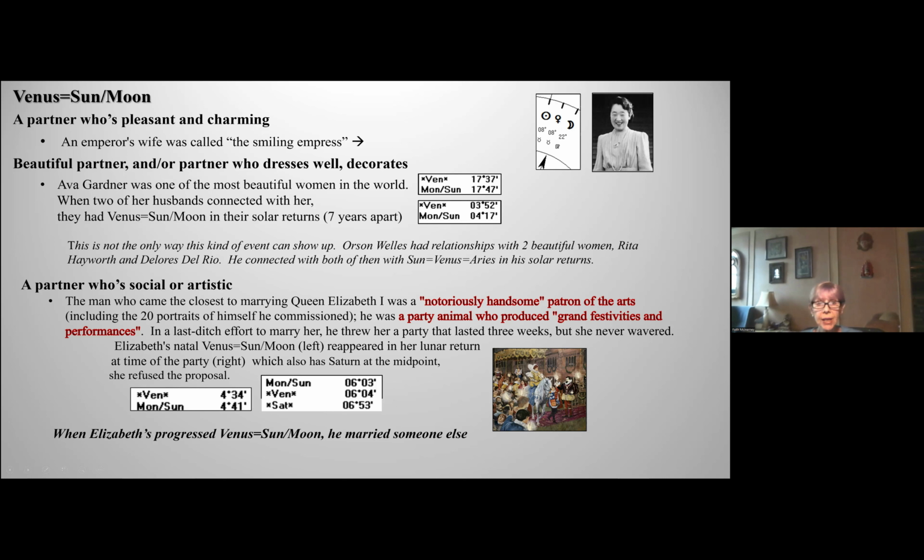Now, this is interesting. When her progressed Venus was on her Sun Moon midpoint, he married someone else. Now, I can't say it's uncommon. It is more common that it will describe, particularly if you are in a relationship, someone with whom you're involved.